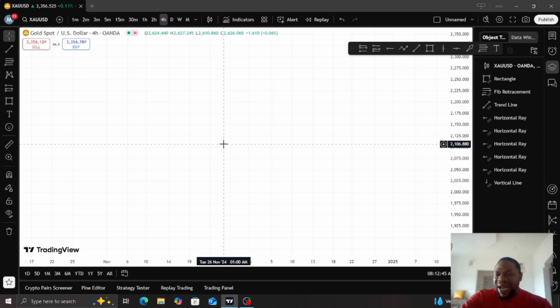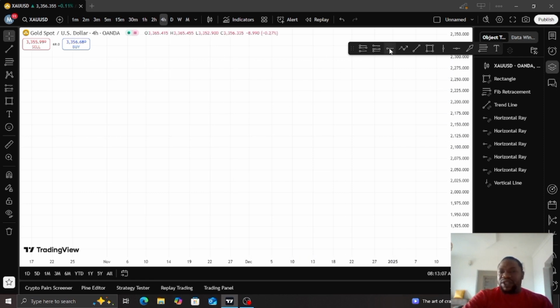So for the lower level where price fails to break through or keeps rejecting, we call that place a support level. And at the higher level, we call it a resistance level. At the lower level, we also call it a demand level, and at the higher level, we also call it a supply level. I hope that is understood.